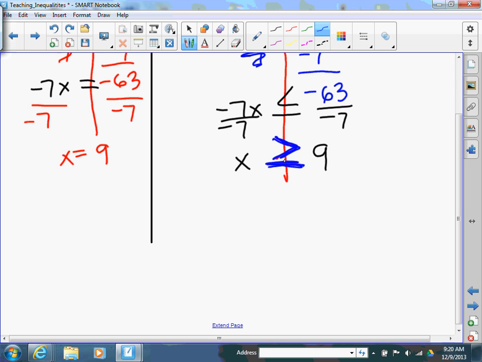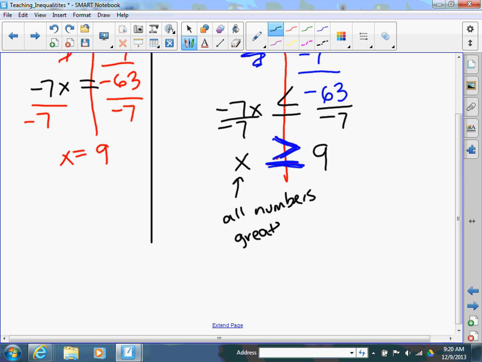What kind of dot? Open or closed? Closed. Good. Will be all numbers greater than. Nope. Missed something.